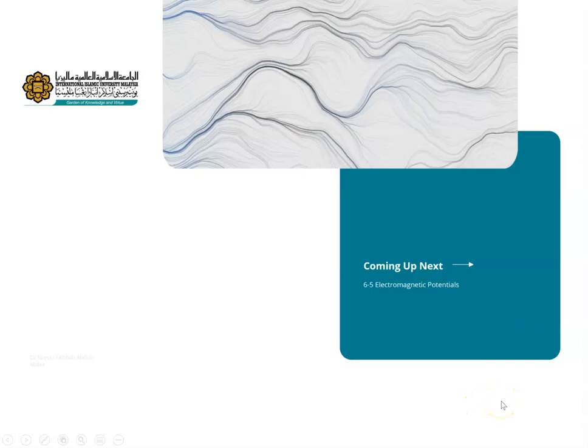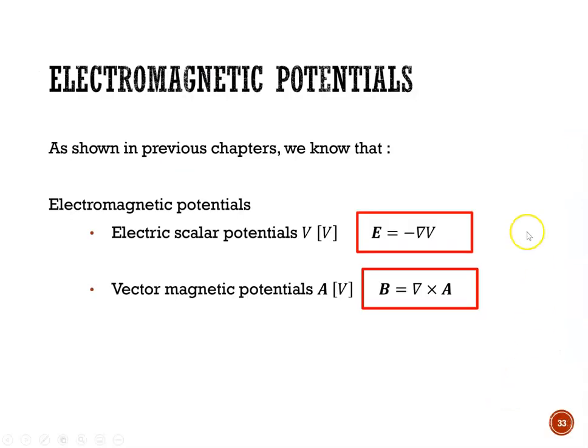Finally, we have the electromagnetic potential. In electromagnetic potential, you are required to find two things.